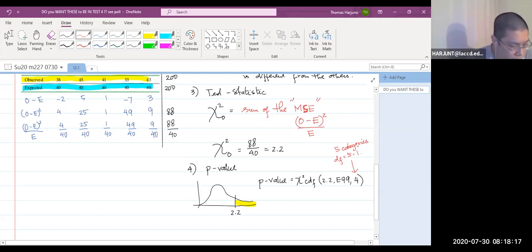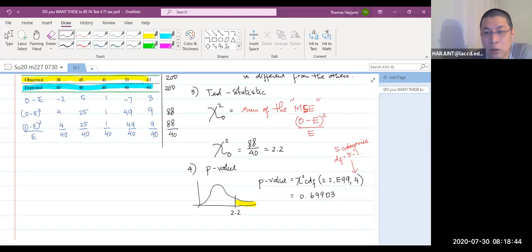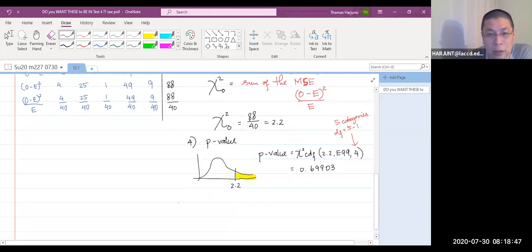And we use our calculator to compute it. 2.2, 4, that's 0.6990, which is a lot larger than 50%, right? Okay, so this will be fail to reject null hypothesis.